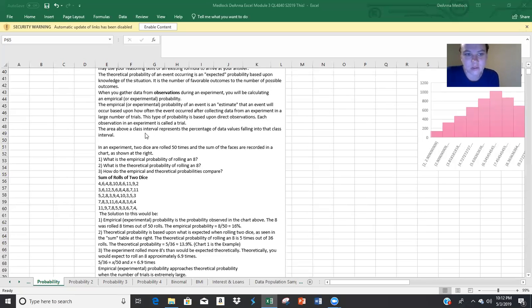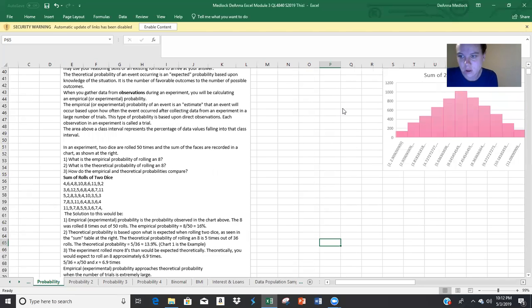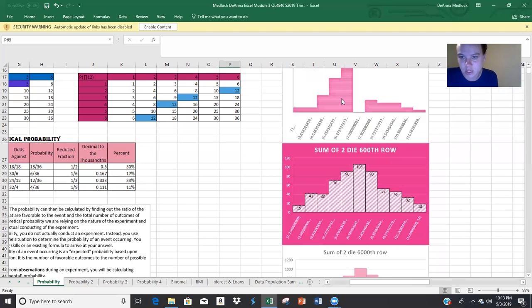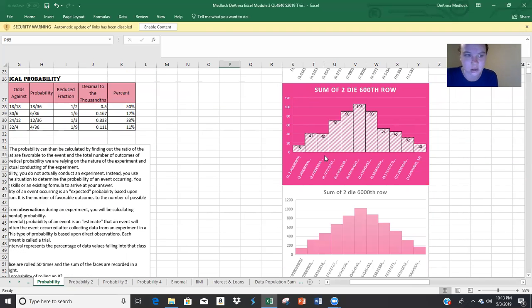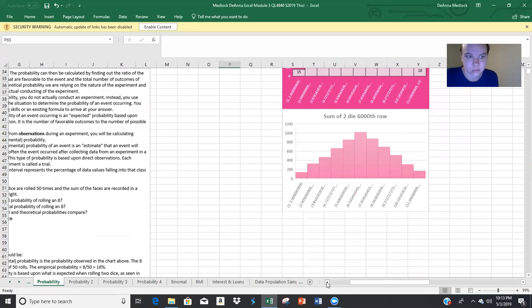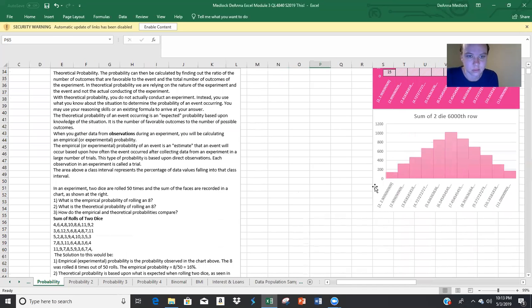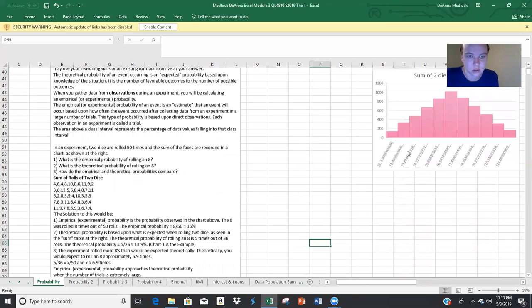The area above a class interval and its data values falling into that class interval, which is what you see on our graphs over here. Each one of these, as we call them boxes, is the area or the class interval.